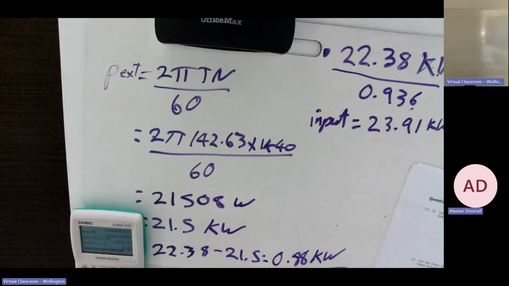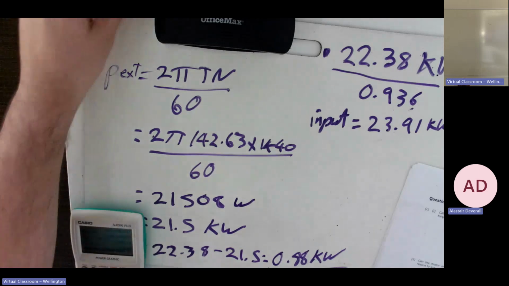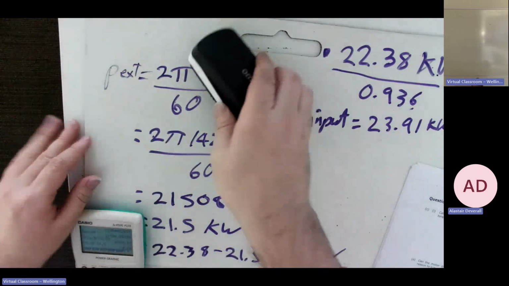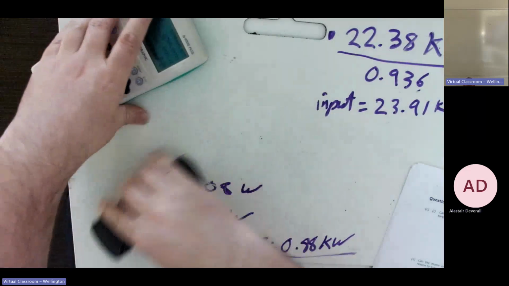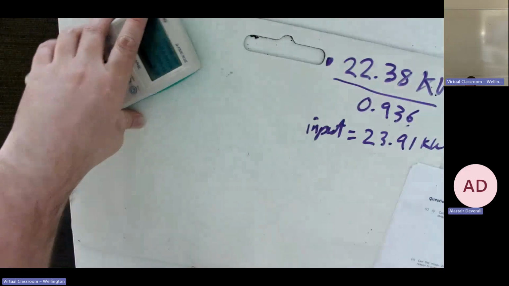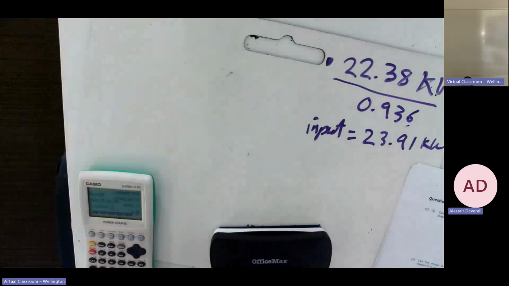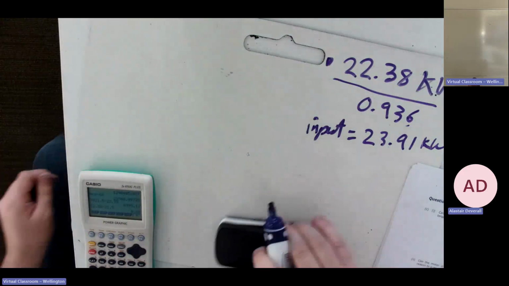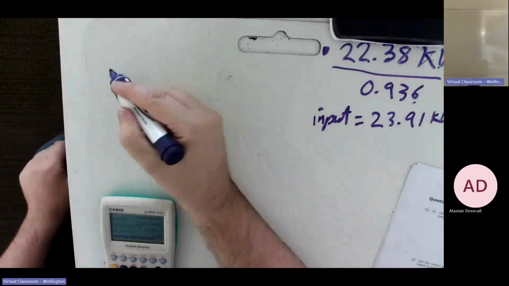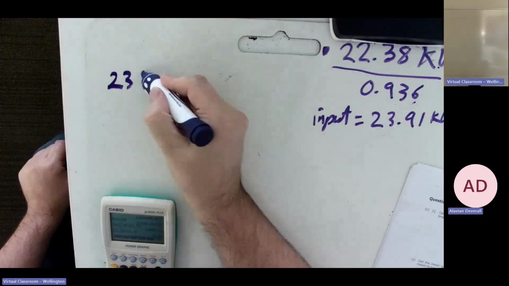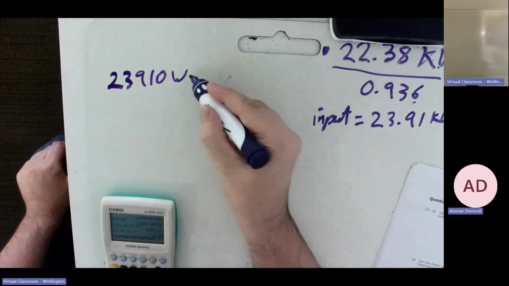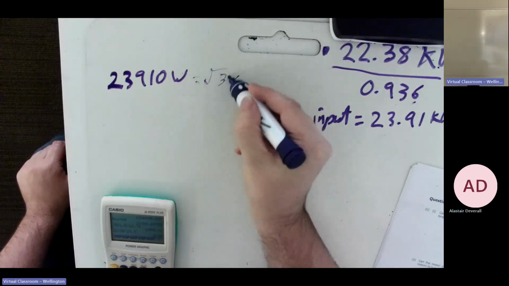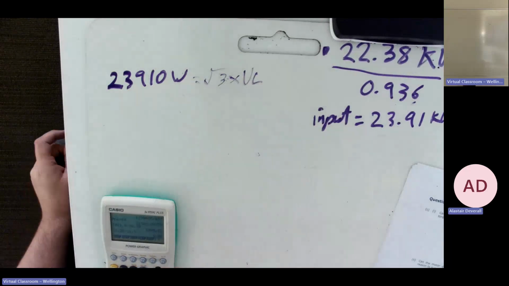Now, next question, calculate the line current of the motor. All we need is our input power, which we have, our voltage, and our power factor. Our input power is 23910 watts, and equals √3 times V line.